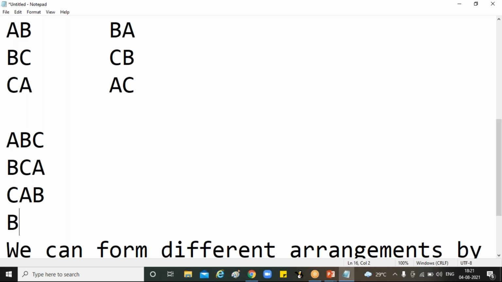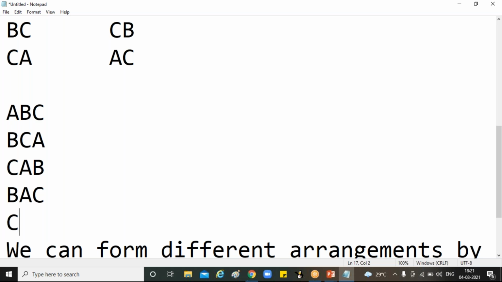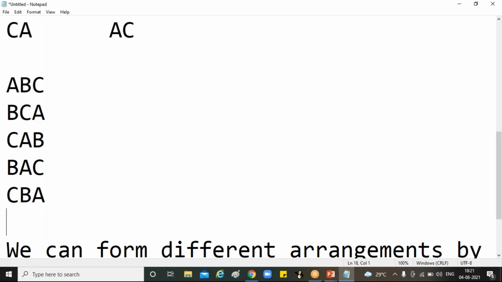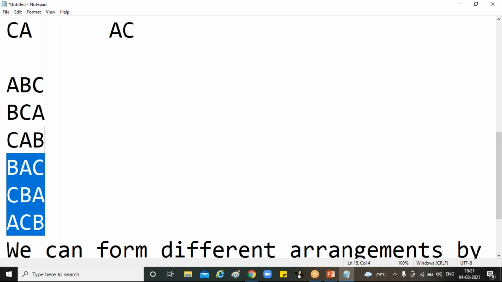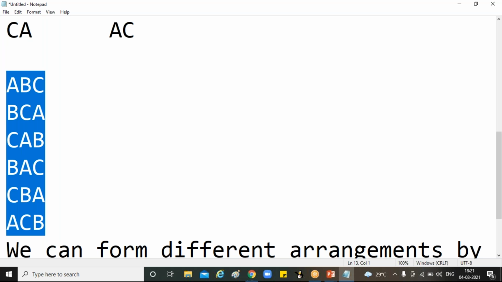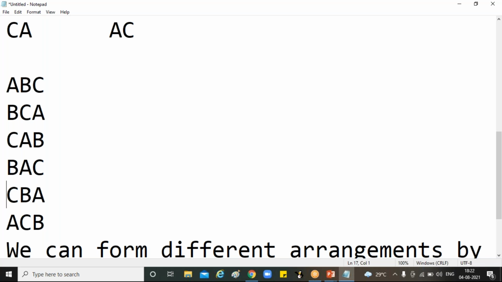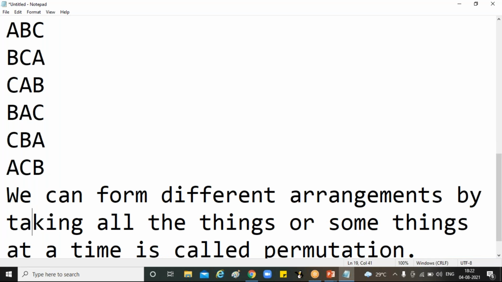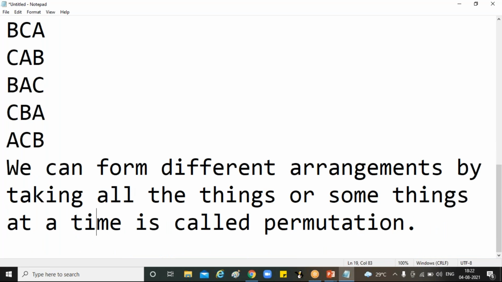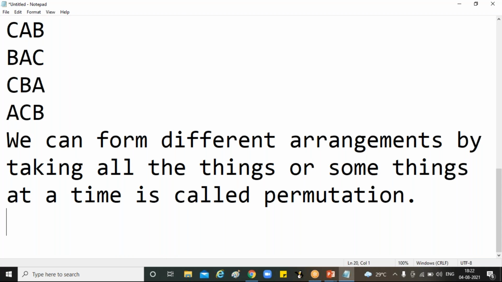Next one, BAC, CBA, ACB. So these are the 6 arrangements from 3 letters, using all letters at a time. Getting different arrangements by taking all letters or some letters at a time is called permutation.